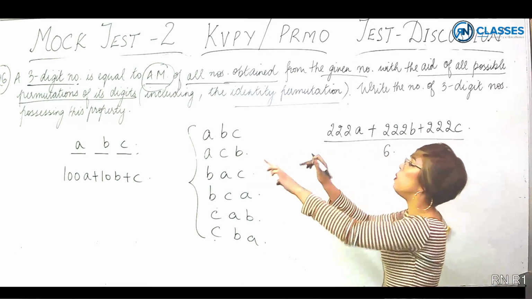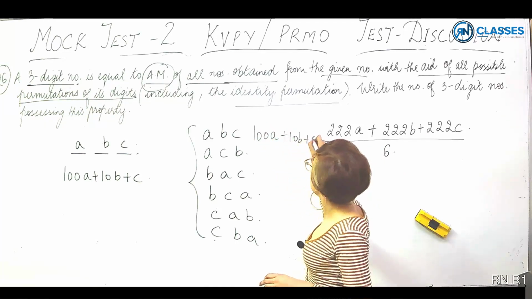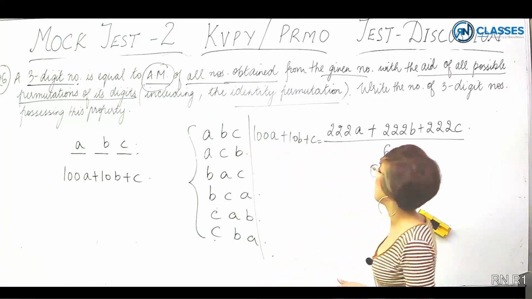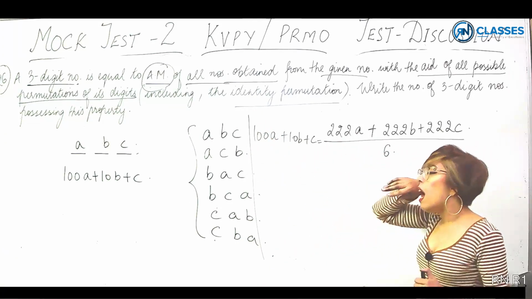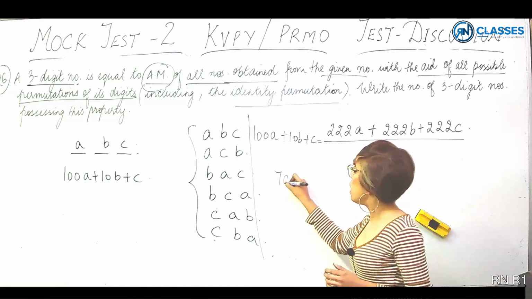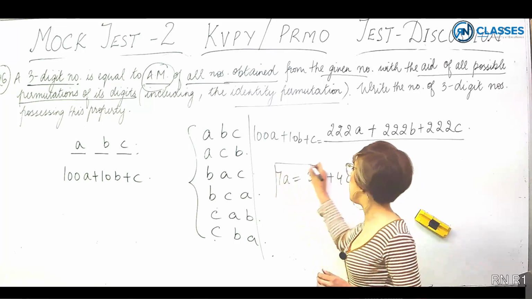This should be equal to the number itself. So 100A plus 10B plus C. Right? Obviously, I'll cancel out the factors, cross multiply. Ultimately, I'll get 7A is equal to 3B plus 4C. This is the equation that I will get.